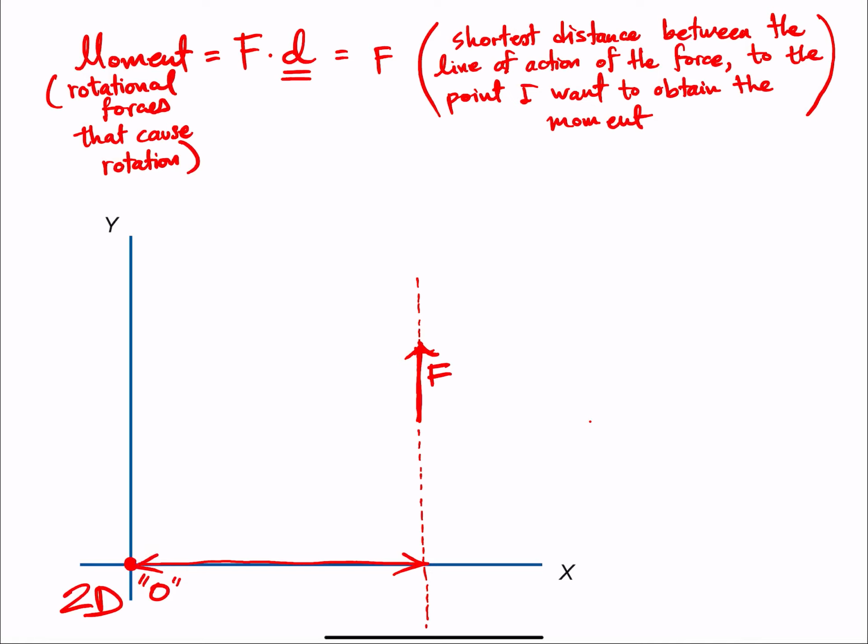It's the one that makes a right angle, it's perpendicular to the line of action of F. So it's another definition of it. So the moment caused by force F, by the red force, is equal to F times D.